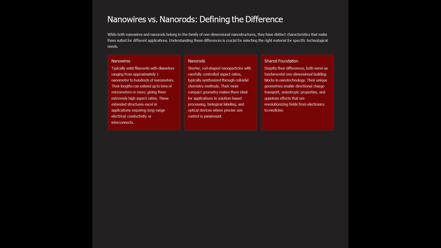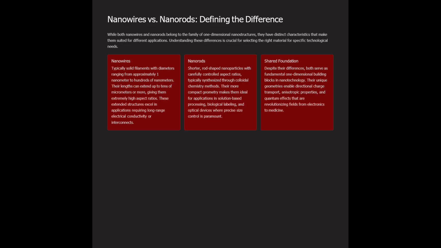Nanowires are typically solid filaments with diameters ranging from approximately 1 nanometer to 100 nanometers. Their length can extend up to tens of micrometers or more, giving them extremely high aspect ratios.